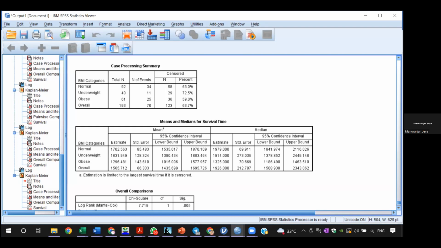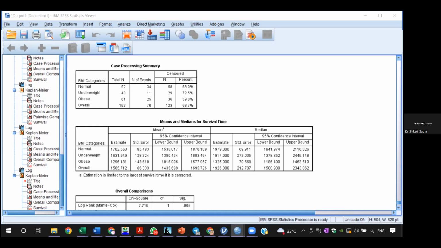Madam, I have a query. If you plot the survival plot with the 95% confidence interval, there is plenty of overlap. Is it very trustworthy?